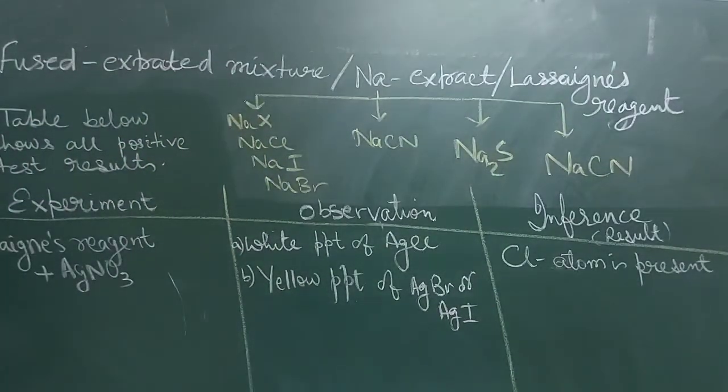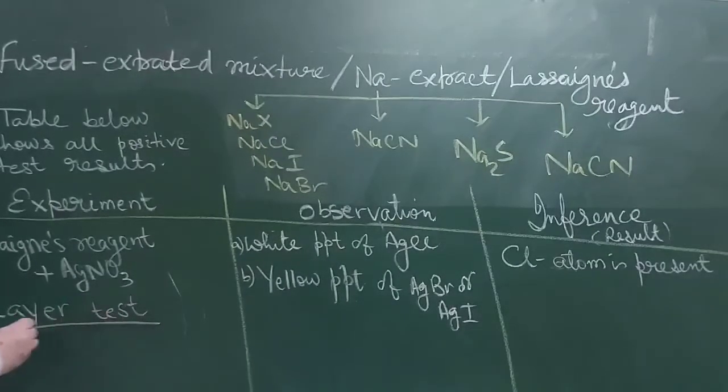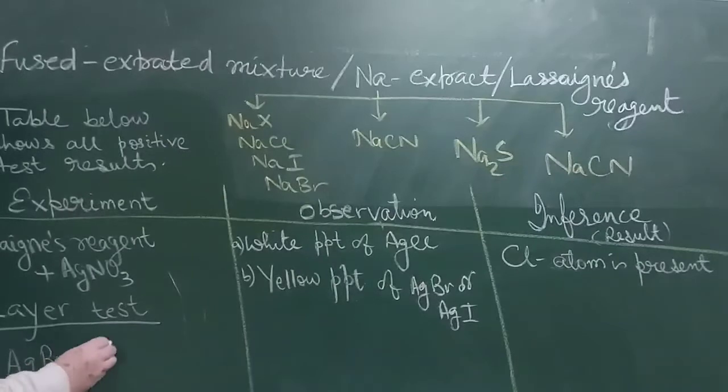So for 1A and B, we will do the layer test. For this, if it is AgBr, we will give chlorine water.